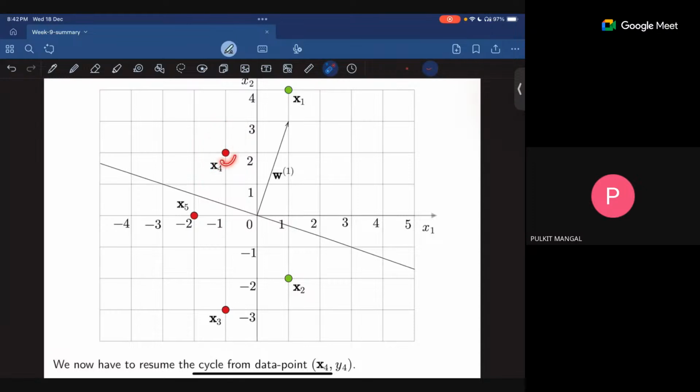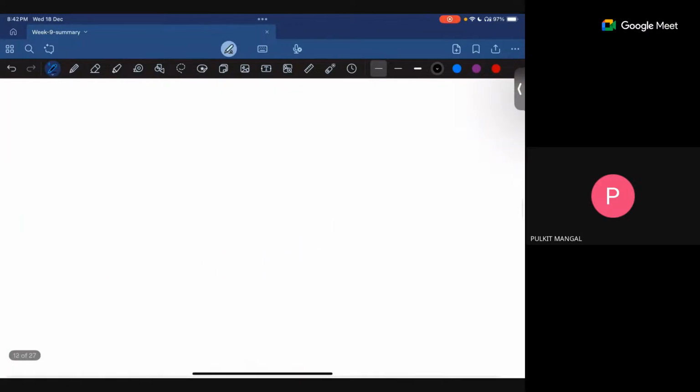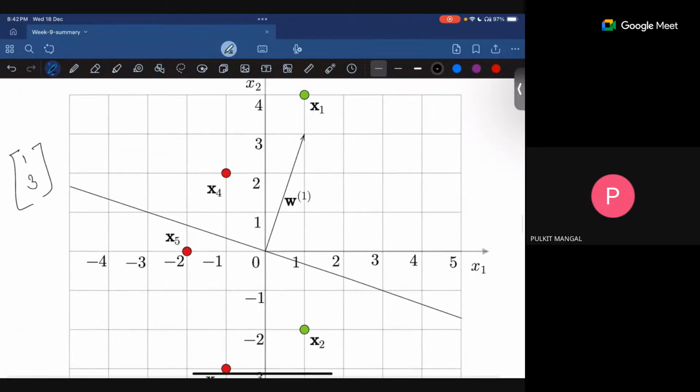But clearly one can see that x4 will be a mistake, because it is lying in the direction of the weight vector, so the predicted label for this data point would be 1. That is the geometrical way of checking. But if we want to check it mathematically, our vector is 1, 3, and x4 is -1, 2.